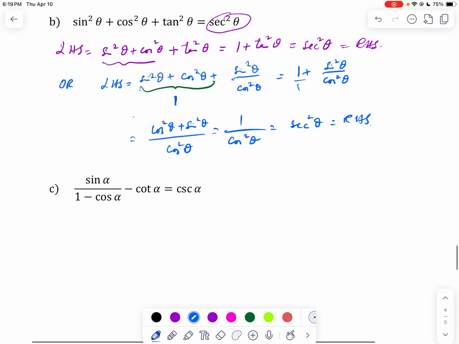Okay, the next one. So we have the left hand side. Again, we see on the right hand side there is only 1 term, whereas on the left hand side we have a fraction minus an expression. We can always put a 1 under here, and so we have a difference of fractions. Whenever you have a difference of fractions, what comes to mind?